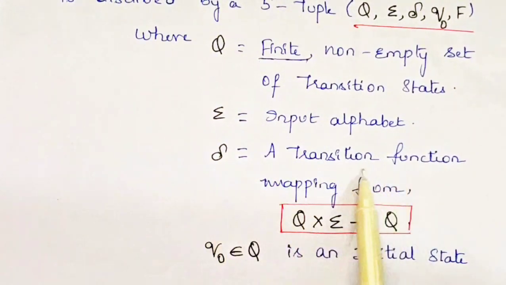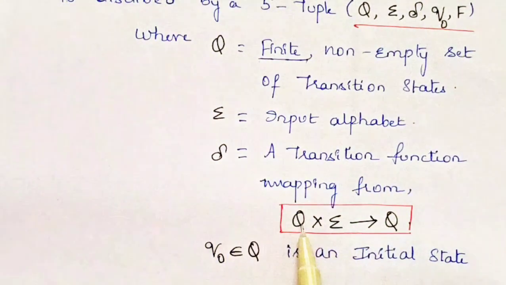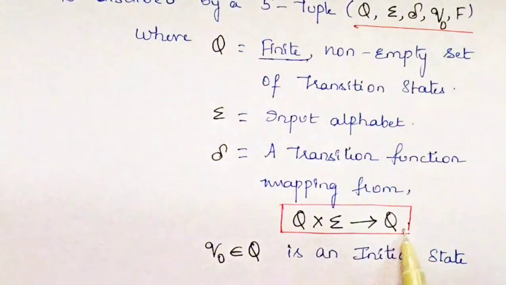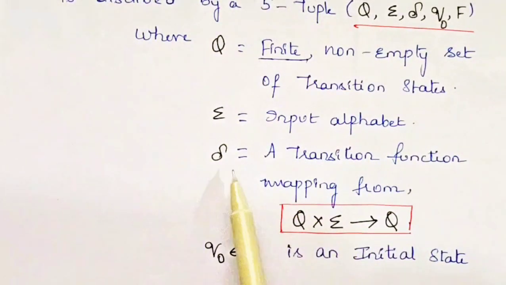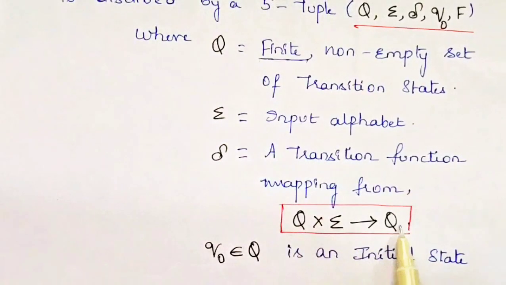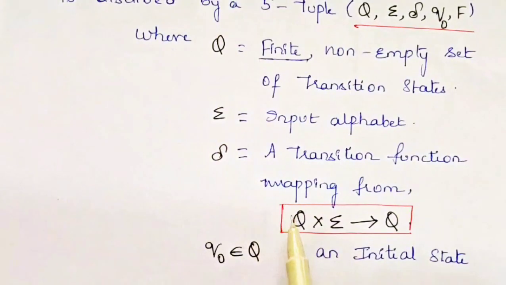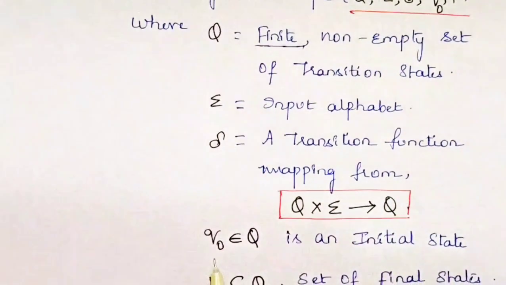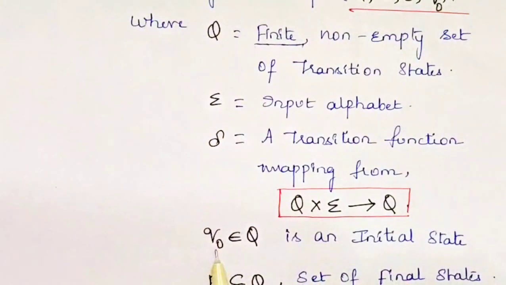Delta is a transition function mapping from transition state Q and the input alphabet sigma deriving a new state Q. Nothing but the transition function is a cross product of Q and sigma to derive a new state Q. It means that the finite automata from one state upon reading an input alphabet will configure into the next state.